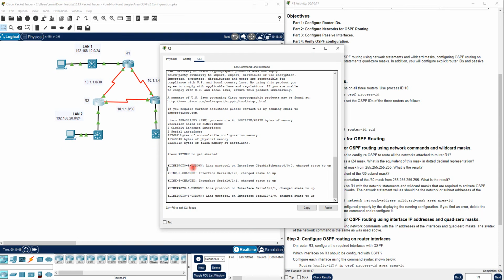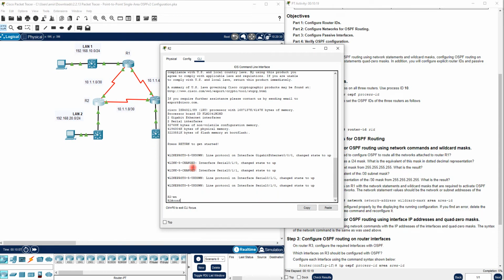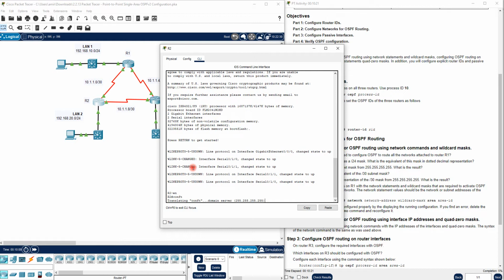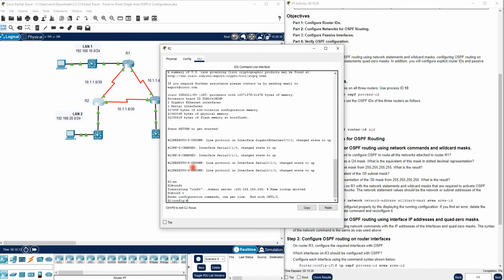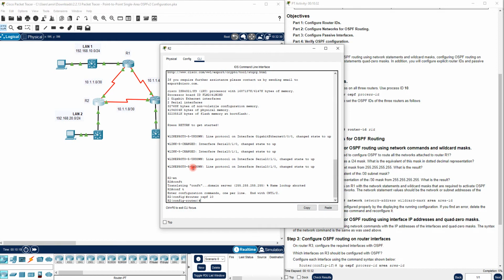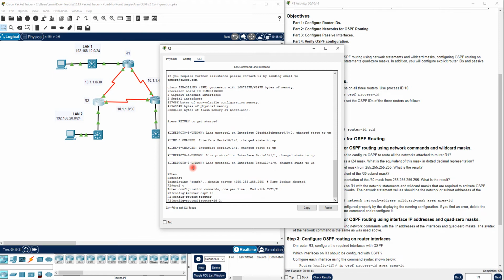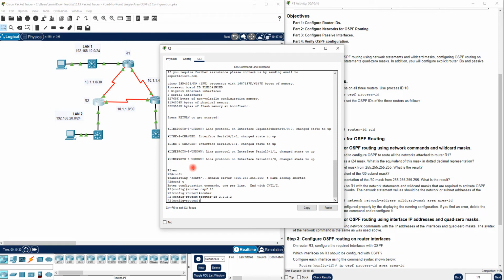And the same process here for router 2: configure terminal and router OSPF. This is the routing protocol and number, same as R1 and R3 because we want to establish neighborship. And the router ID should be 2222.